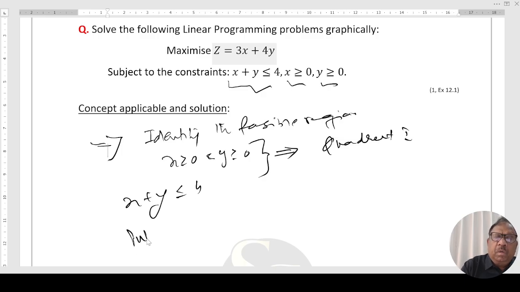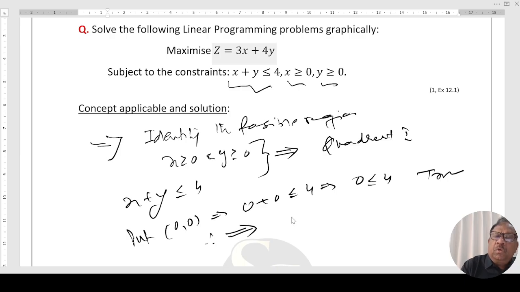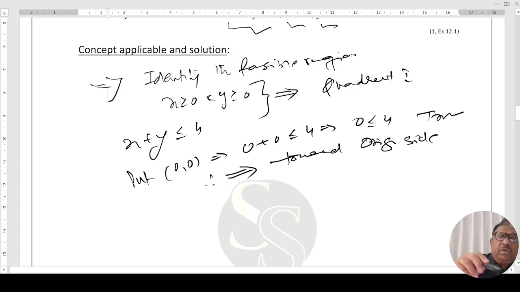Put 0, 0, as this line is not passing through the origin, so we can put 0, 0. 0 plus 0 less than equal to 4, 0 less than equal to 4, that is true. That is, the feasible region is towards the origin side.